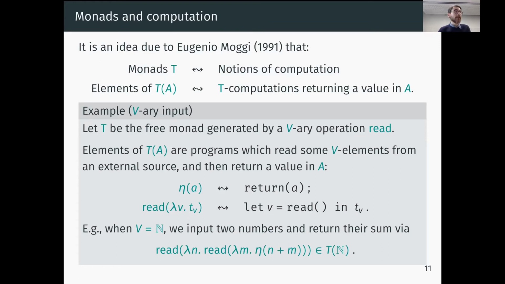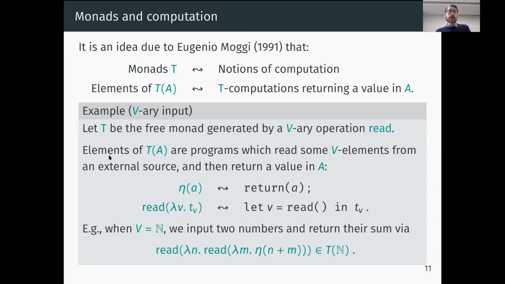Okay, so let me try and give you an example of this. So T is going to be the free monad generated by a single V-ary operation read. So V is some set here. Okay, it could be a finite set, could be something like the set of natural numbers, you might think it's the set of strings that you could input from a keyboard or something like that.